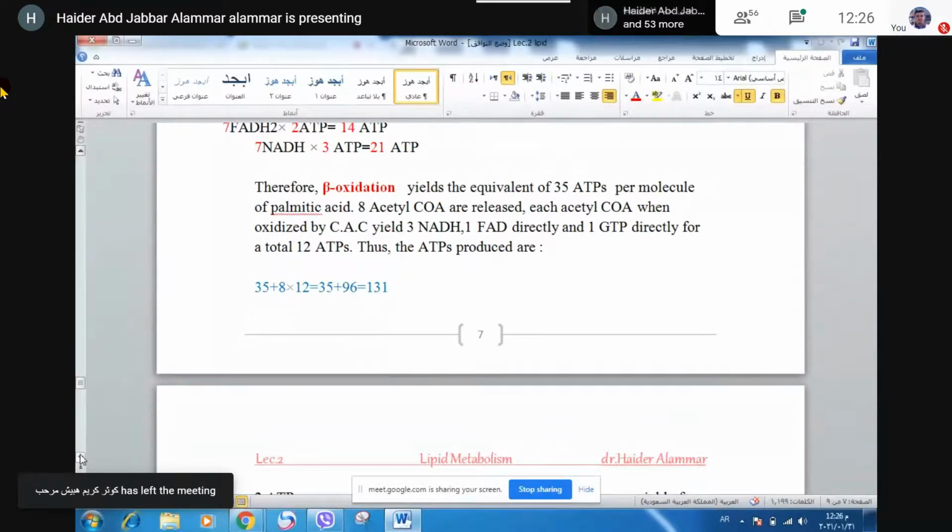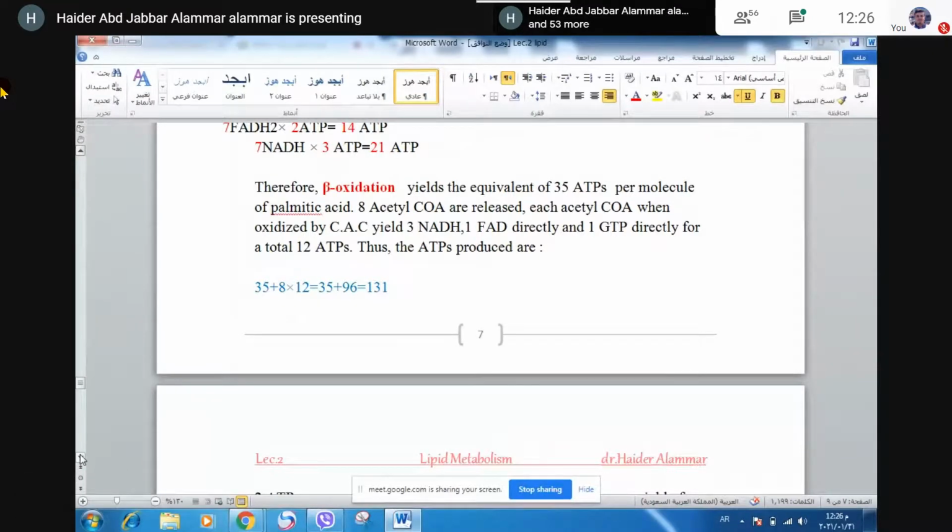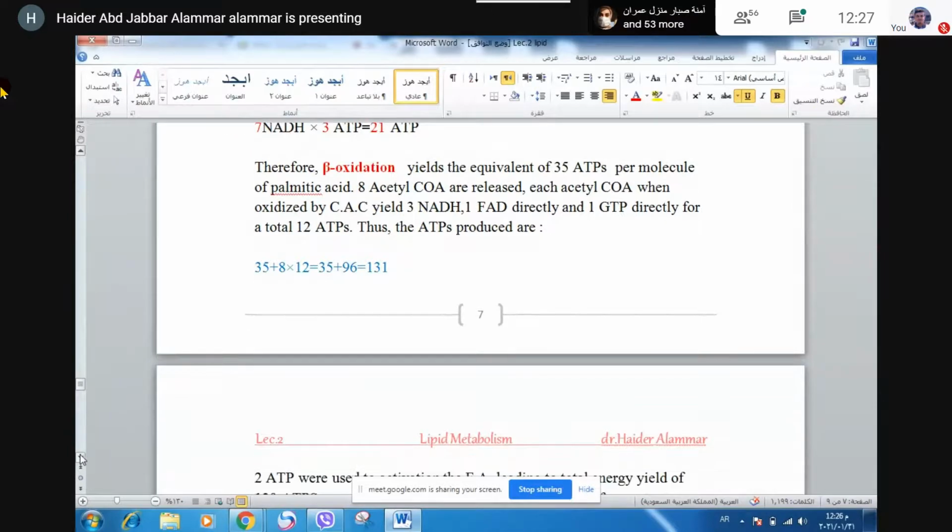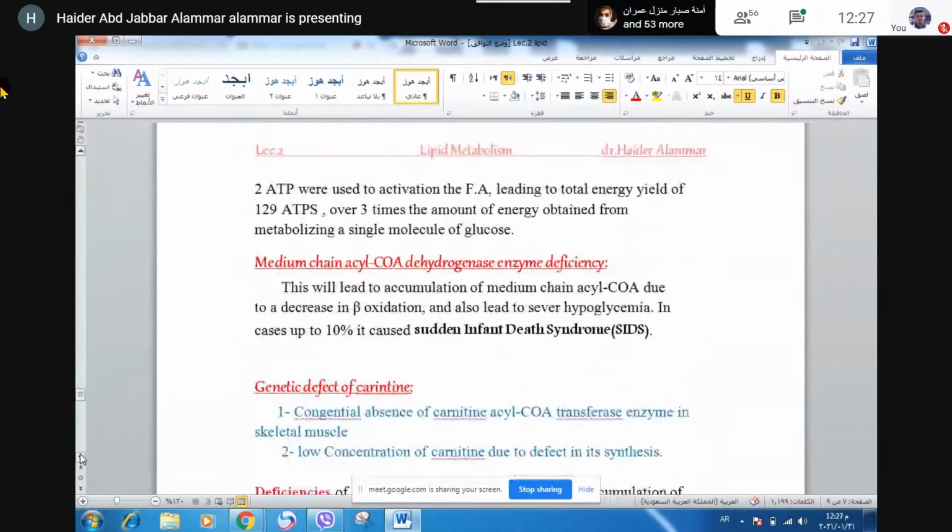At total of beta oxidation and citric acid cycle, minus 2, this will give us 129 ATP. This is the correct answer about the number of ATP yielded by complete oxidation of 16 carbon atoms, I mean palmitic acid, by beta oxidation and the citric acid cycle.